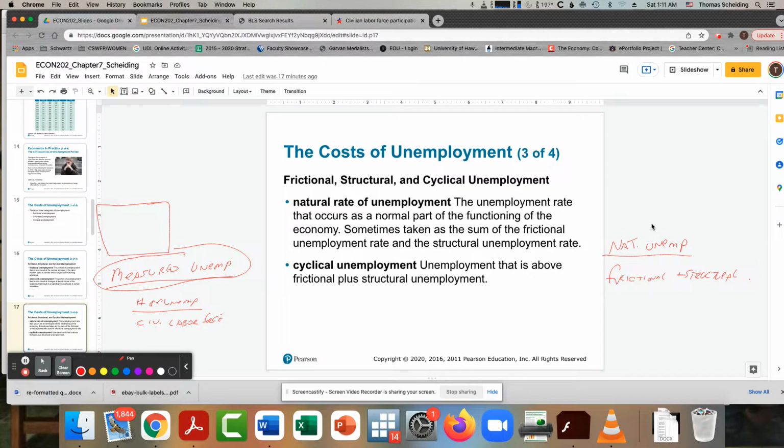And that there may be a difference between this number and this number, with that difference being the cyclical. The natural unemployment rate in the US is generally thought to be somewhere between 4 to 5%. So any deviation of that 4 to 5% rate is going to be cyclical unemployment.